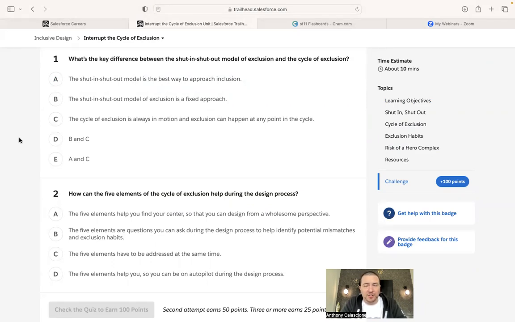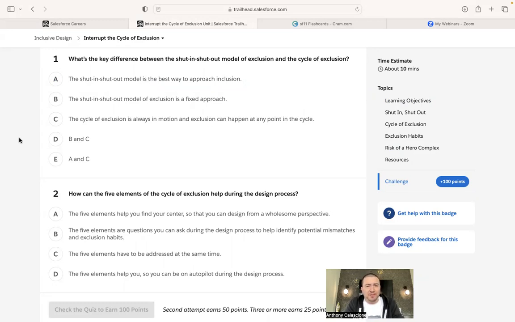So let's think of an answer for ourselves. The shut-in, shut-out is the in crowd surrounded by the outside people, and the cycle is something that is perpetuated, it continues. So how can those two things be different? Well, one leads to the other. So let's look at the answers again.